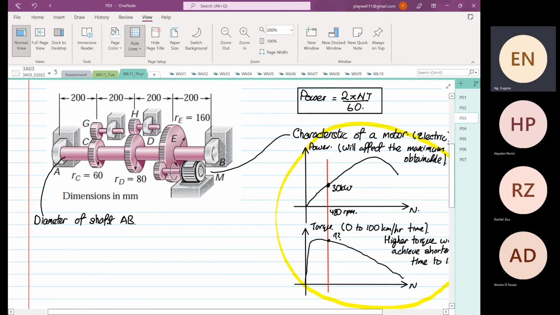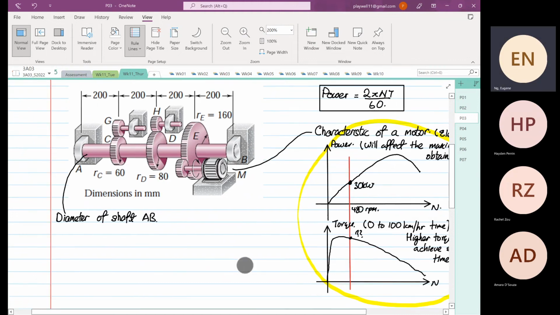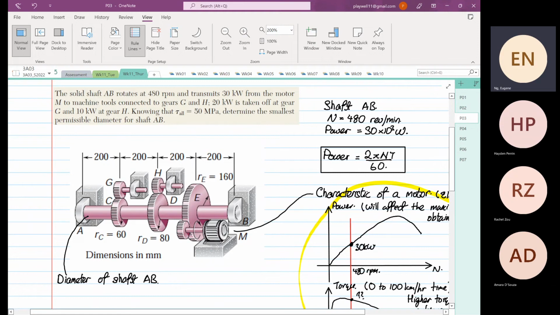So we also know the power. The other information we are given is the 30 kilowatt.